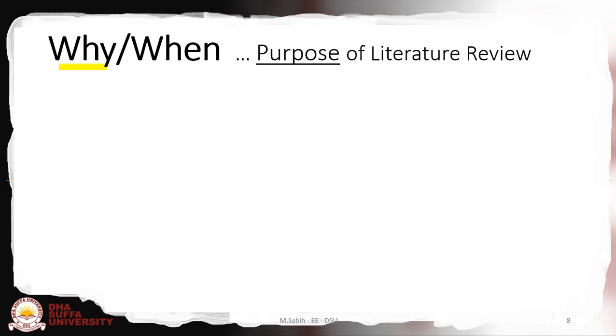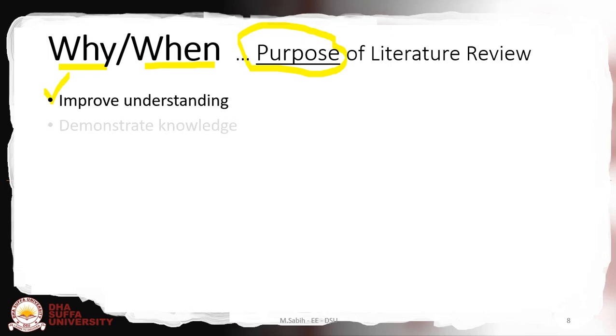Why and when should we do a literature review? We will discuss this later, even in the second slides. But there is a purpose whenever we do a literature review. For example, you think about working in IoT and want to improve your understanding, so you go back and study the work done by others, and then demonstrate your knowledge in some area.